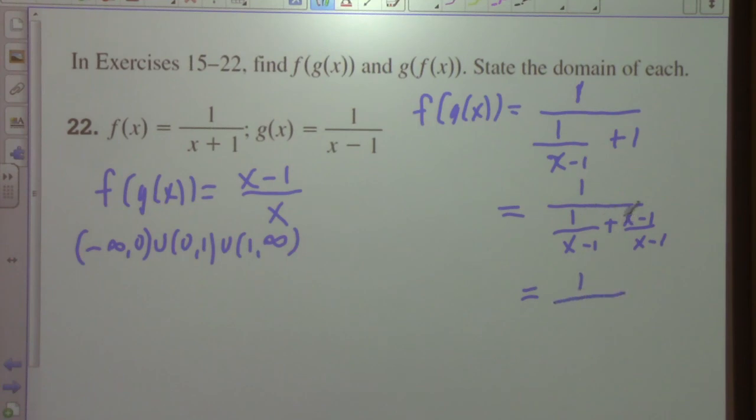And this 1 plus x minus x just becomes x. So we have x over x minus 1. And then when we multiply this by the reciprocal, what do we get? This thing here. Okay? So you just have to find the common denominator and then make that 1. Okay.